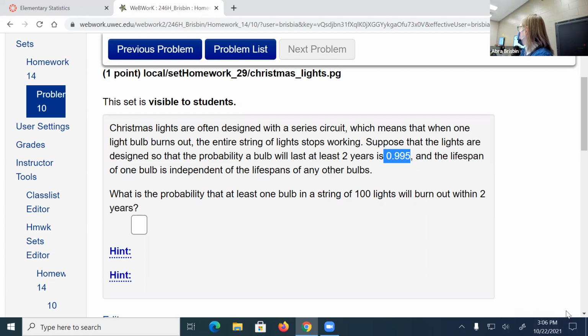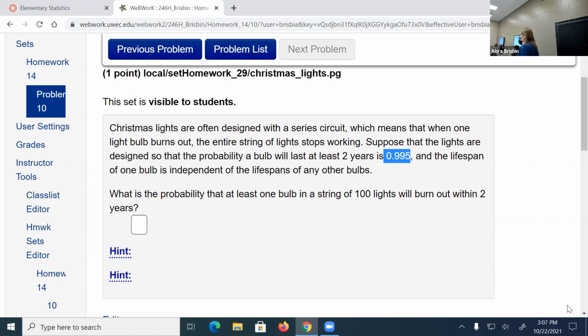So that's the probability that it doesn't burn out. So what's the probability that it does burn out? Yeah, 0.005. So we're using the complement rule a second time in order to take 1 minus 0.995 and find the probability that it does burn out.